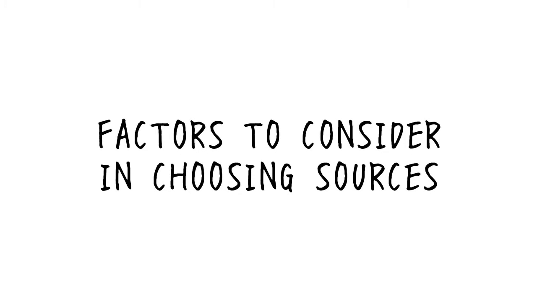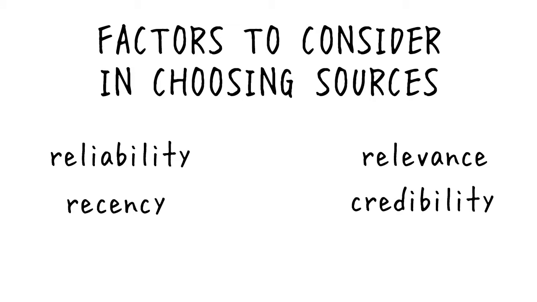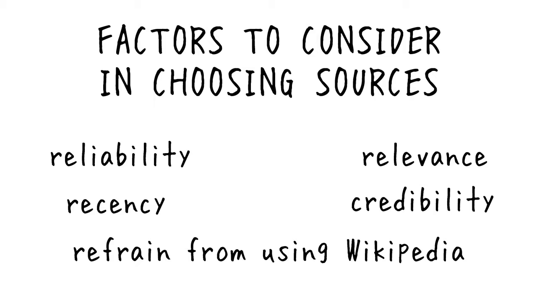By the way, you have to consider these factors in choosing sources: reliability, recency, relevance, credibility, and also refrain from using Wikipedia, although it is a good starting point when making a research.